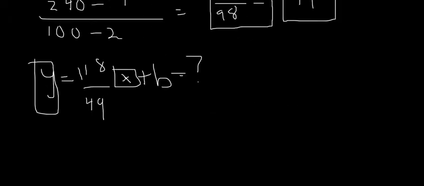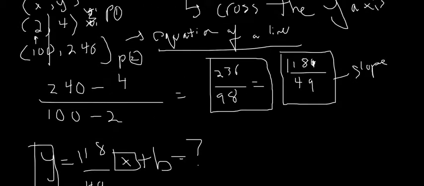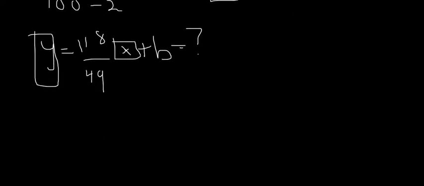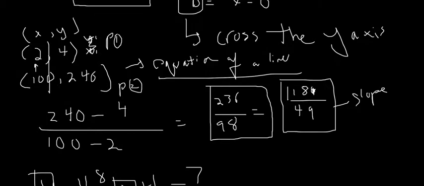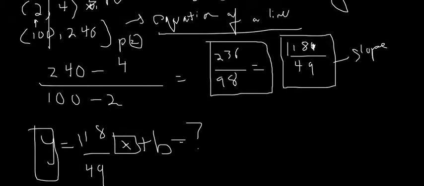Well, we can, because we have one of the points, right? One of the points is 2 and 4. So what we can do is take 118 over 49 and multiply that by 2, because the x is 2.